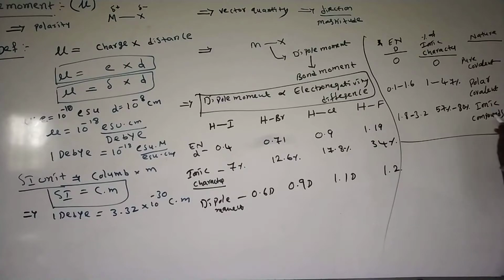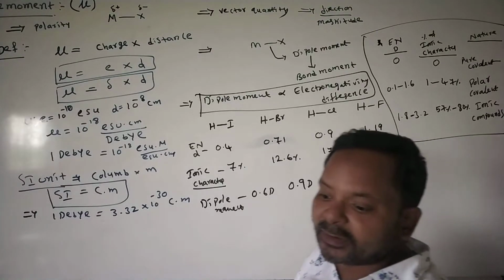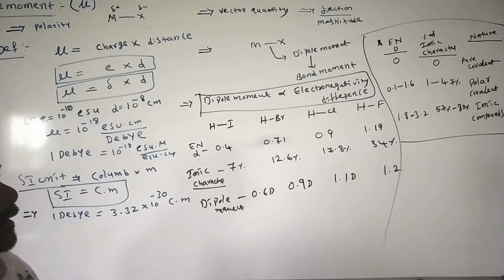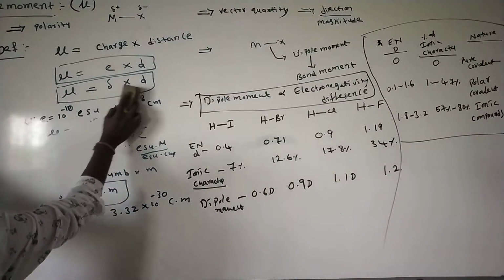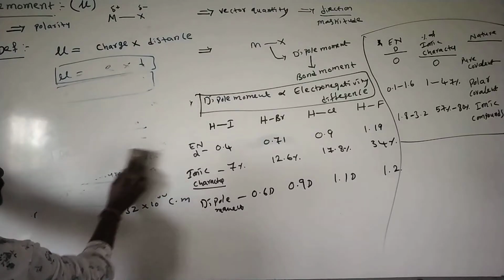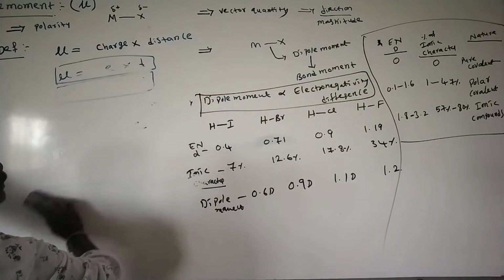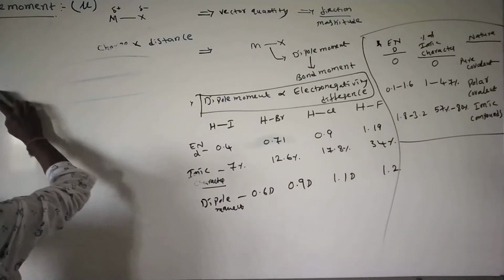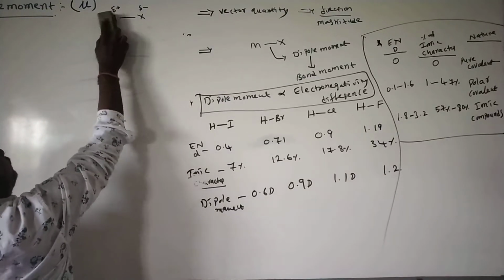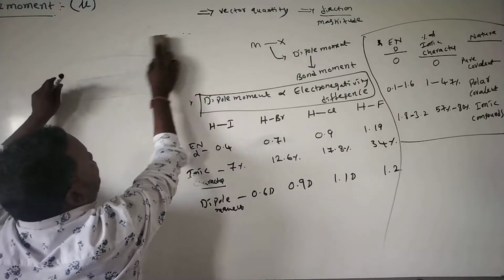See, electronegativity difference also influences the covalent bond. If the electronegativity difference is 0, that is a pure covalent molecule. If it is 0.1 to 1.6, we call that molecule a polar covalent molecule.